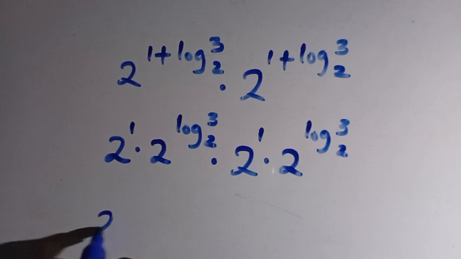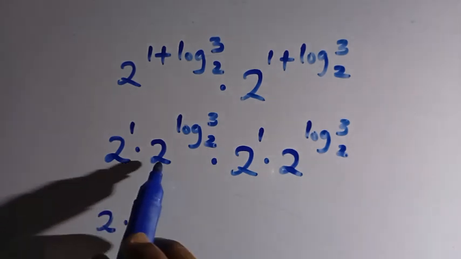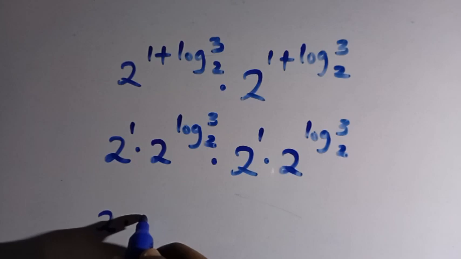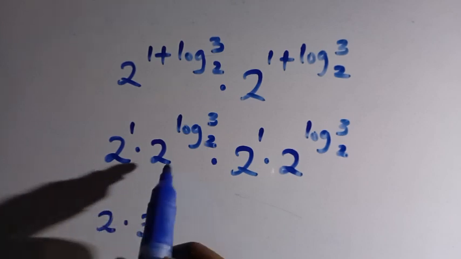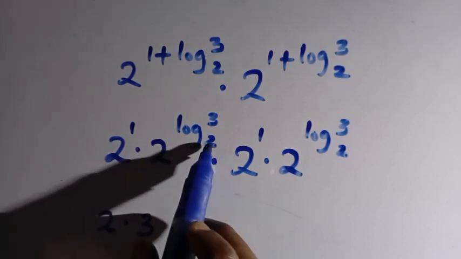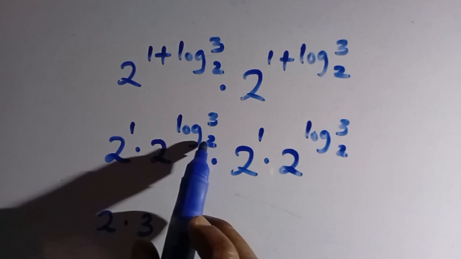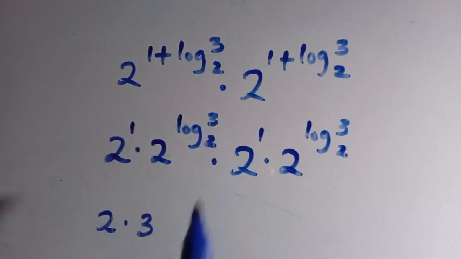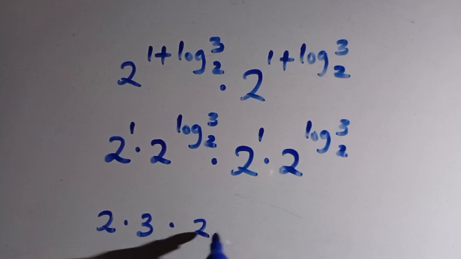So 2 raised to the power 1 is 2, multiplied by 2 raised to the power of log 3 base 2, which becomes 3. Anytime we have the base and the base of the log are the same, it becomes the logarithm's argument itself. Then multiplied by 2 multiplied by 3.